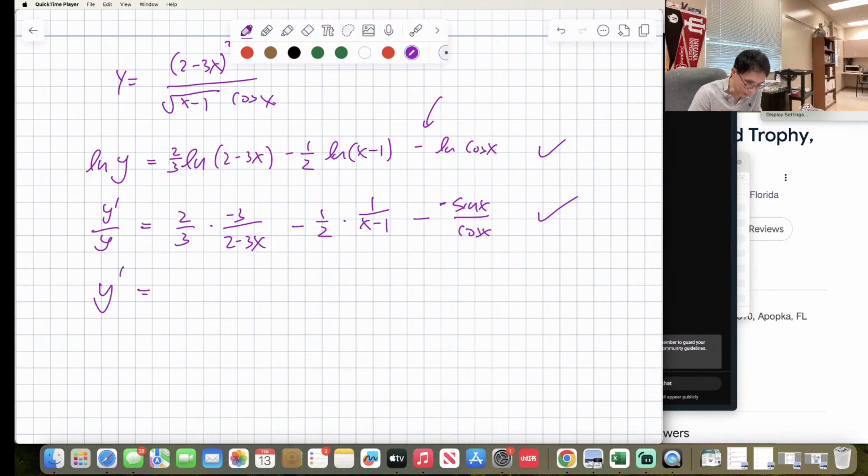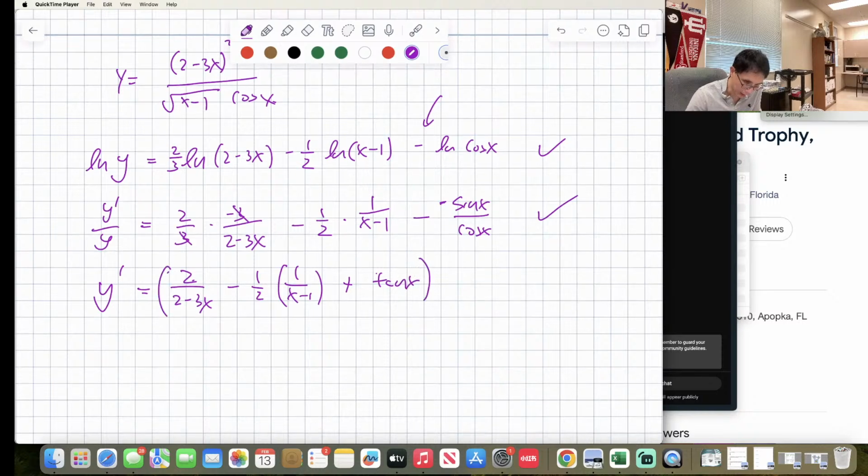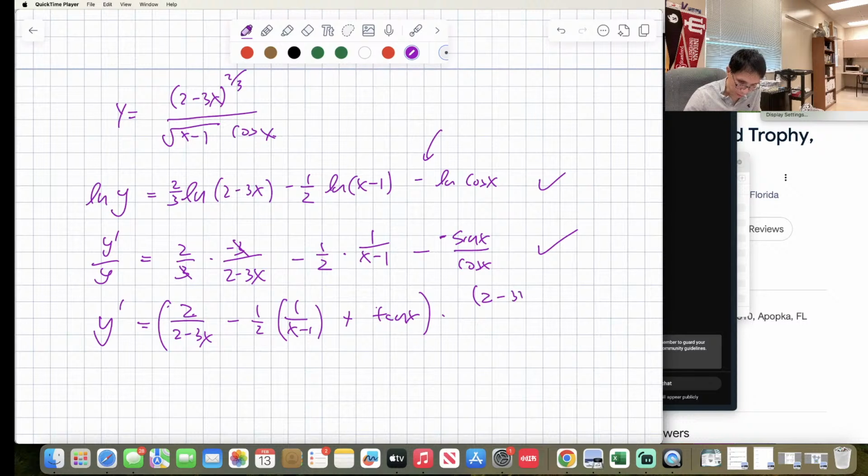Y prime is equal to, this is going to cancel out, 2 over 2 minus 3x minus 1/2 times 1 over x minus 1 plus tan of x, times (2 - 3x)^(2/3) over x minus 1 cosine of x.